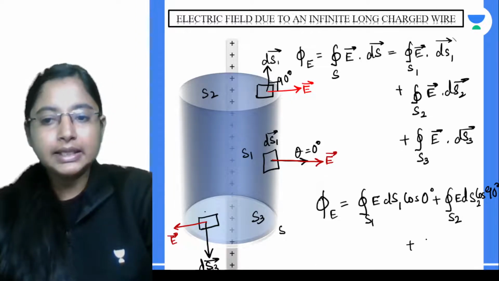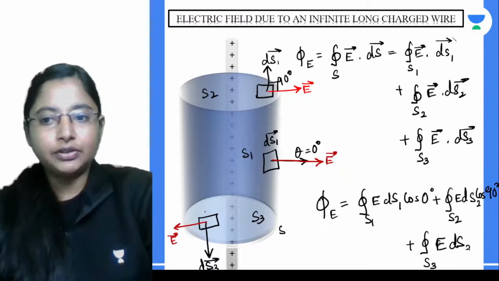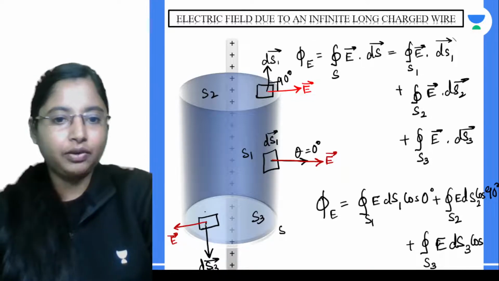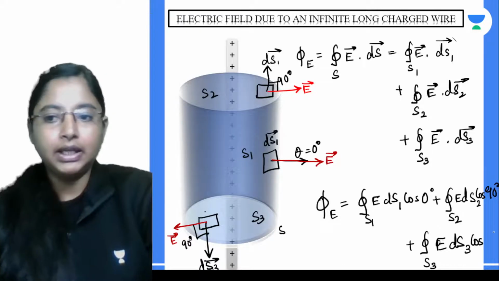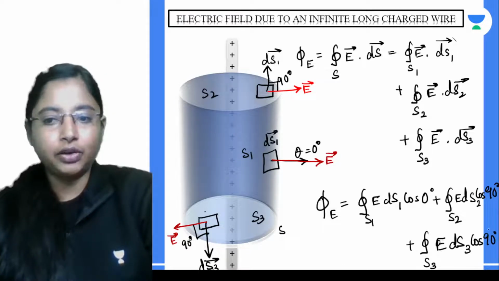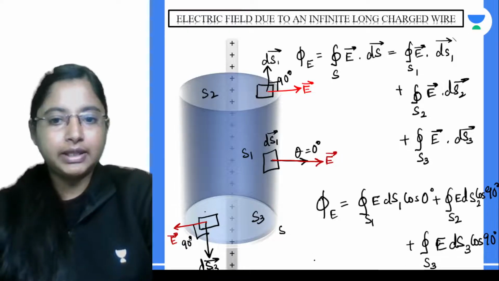Now for the last surface, the magnitude of E dot ds is E ds3 cos theta. Again, the angle between the electric field and this area vector is 90 degrees. Cos 90 is 0, so these two terms end up being 0.